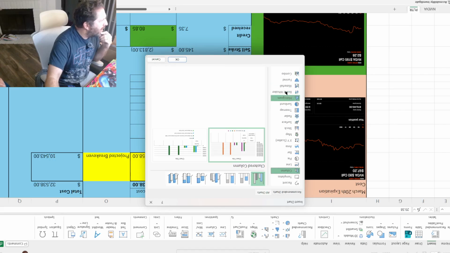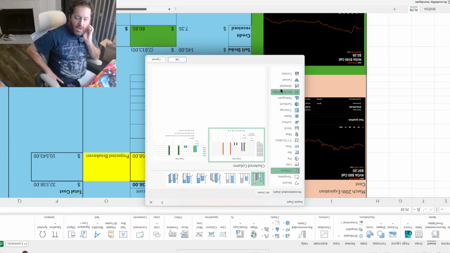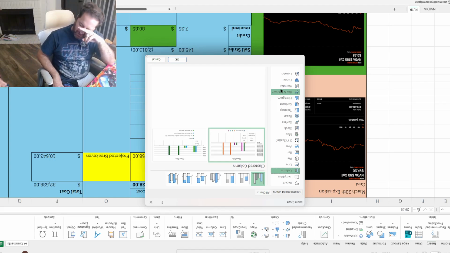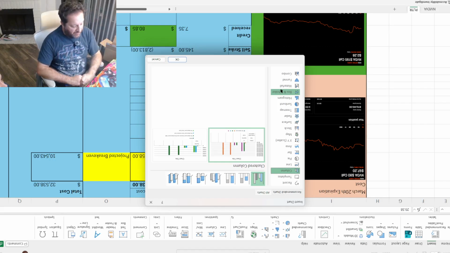Histogram. Is that it? Do you want to just see progression, or do you want to see two things? Okay, I want to see two things, because it's going to show us two things. Thank you. This is really helpful.